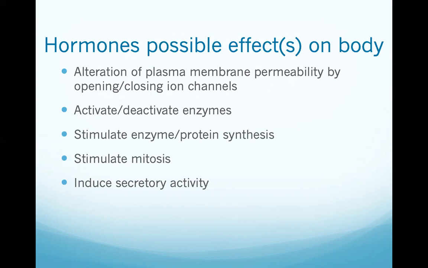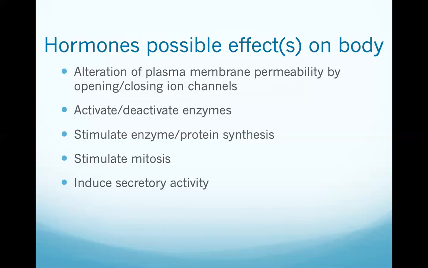You can have scenarios, as I mentioned earlier, where you have low levels of protein in your system and you need to increase that level of protein for whatever the purpose is. So you can literally stimulate your body and your cells to produce more of that specific protein. Cell division, the process of mitosis, can be stimulated by the presence of specific hormones.